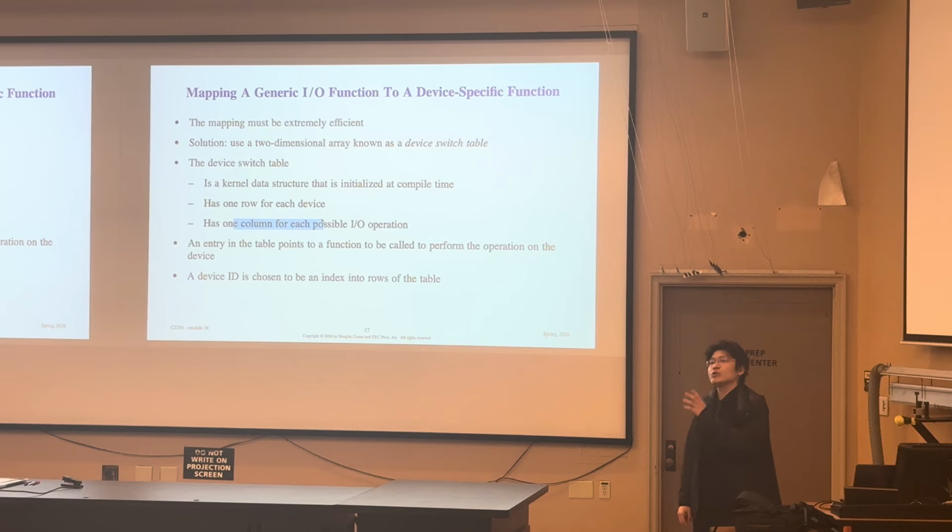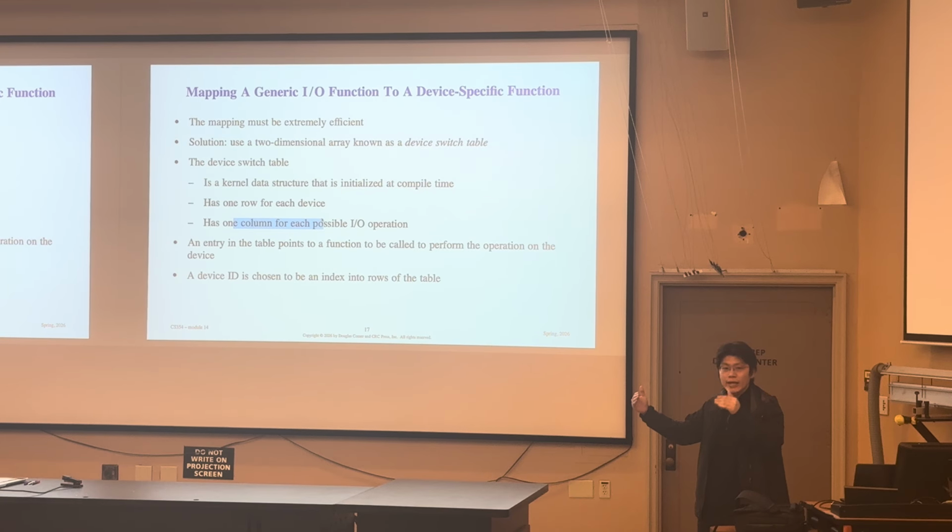In the Xenu source code, you can see this table. For the Ethernet card, you have one row. It starts with, for example, the Ethernet itself, and then it has a list of operations: read, write, getc, putc. Each of these is a pointer to the implementation of this function for this specific device.